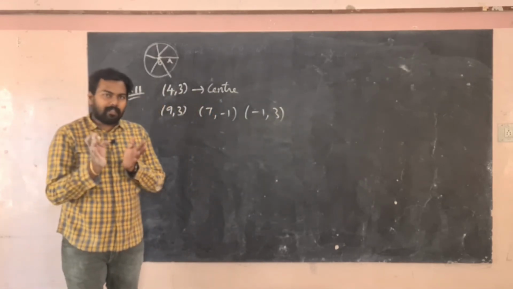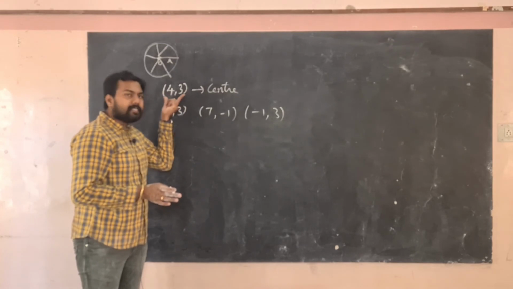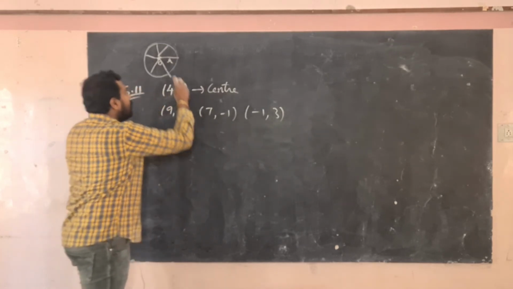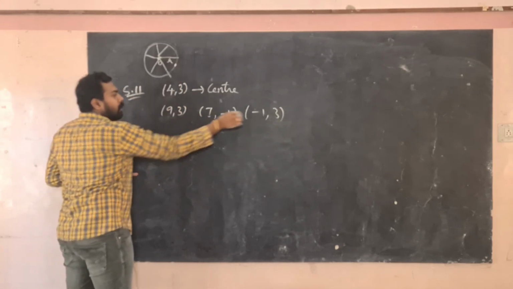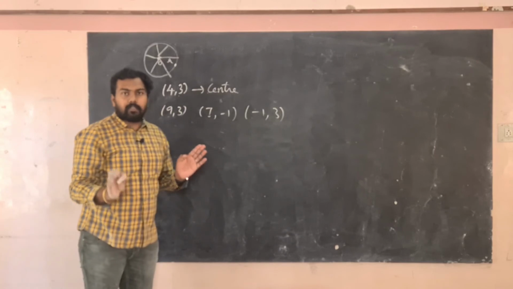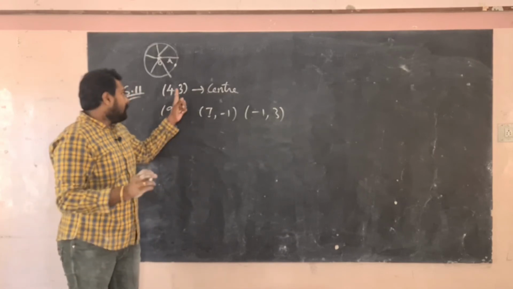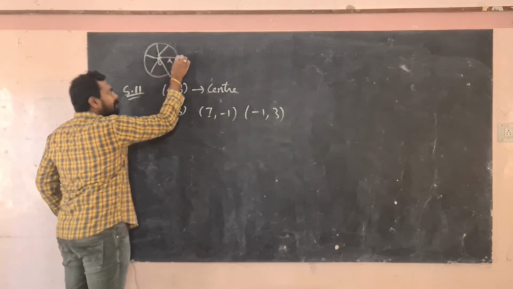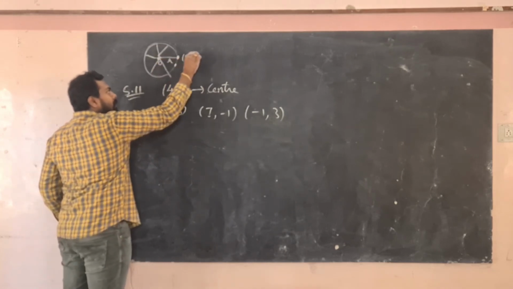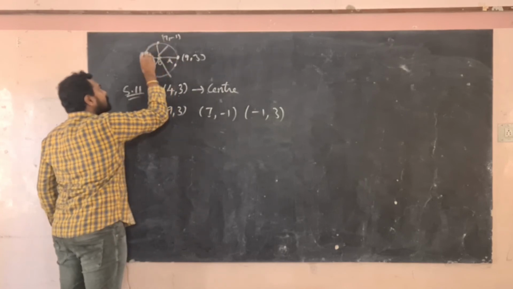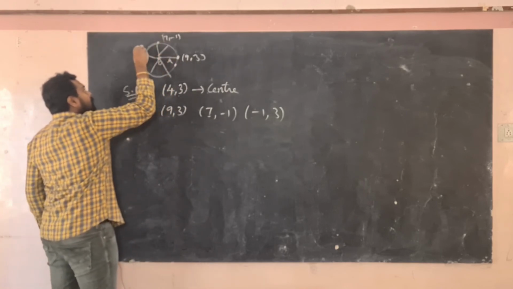So first, what they have asked us to prove is that this is the center of the circle passing through these points. These points are on the circle. Imagine this as 9,3, this as 7,-1, this as -1,3.